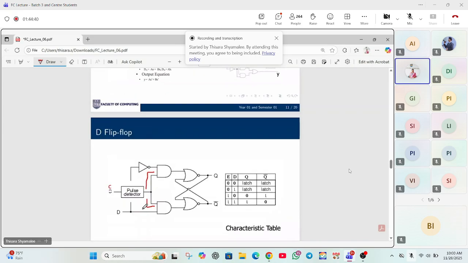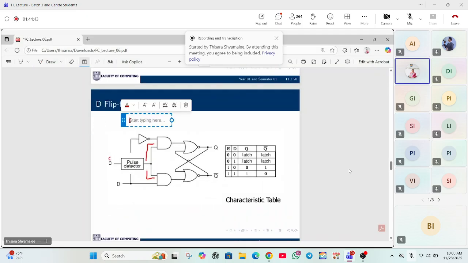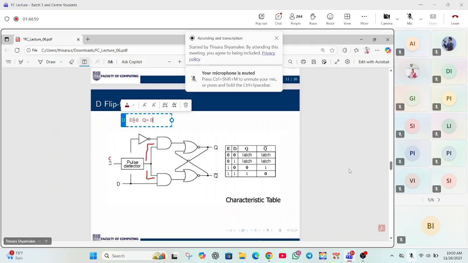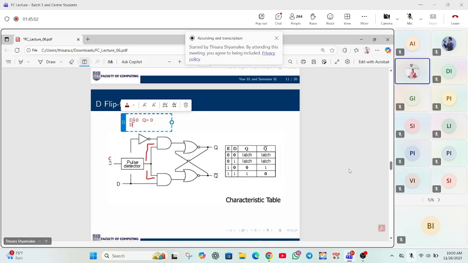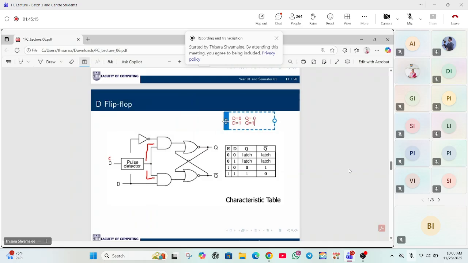So let's take those values here. D equals 0, then Q equals 0, then D equals 1, and then Q equals 1. I'm talking about this characteristic table.